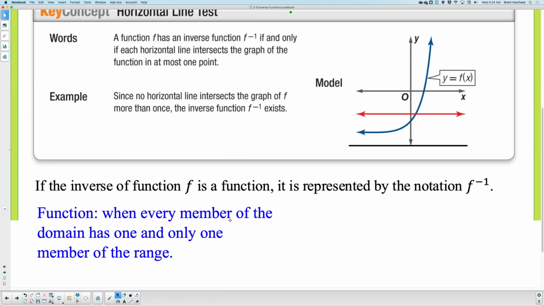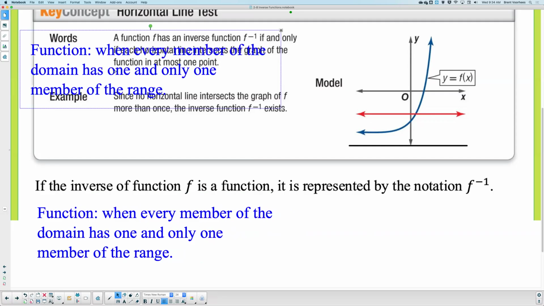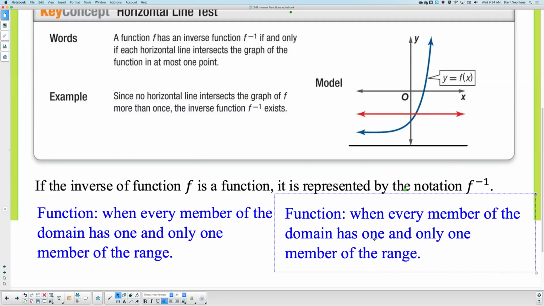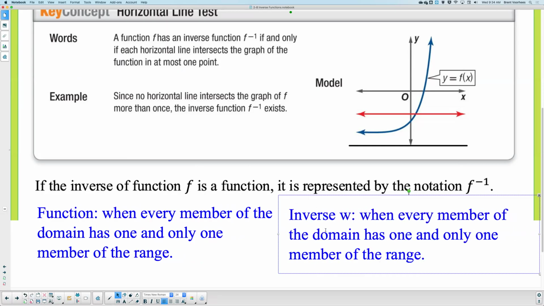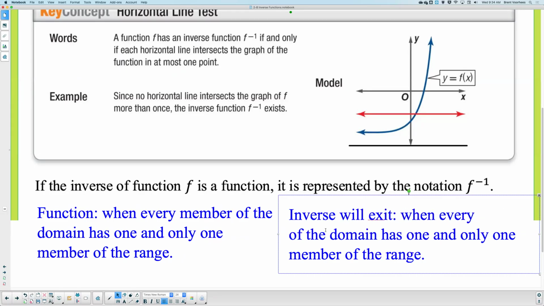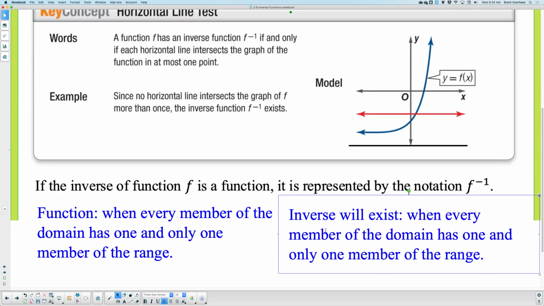An inverse will exist when every member of the range has one and only one member of the domain.